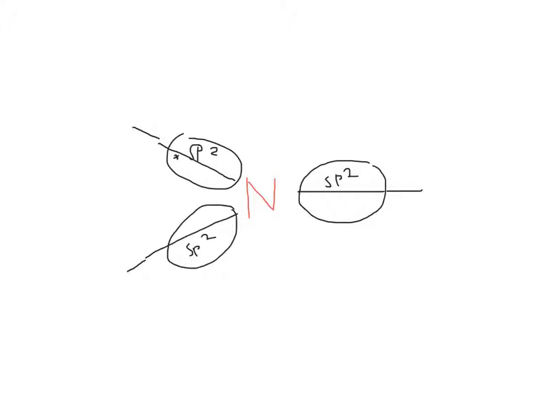And our other two, we're going to have the shared electrons, the sp2 orbital with the oxygen, which is going to be a p orbital.